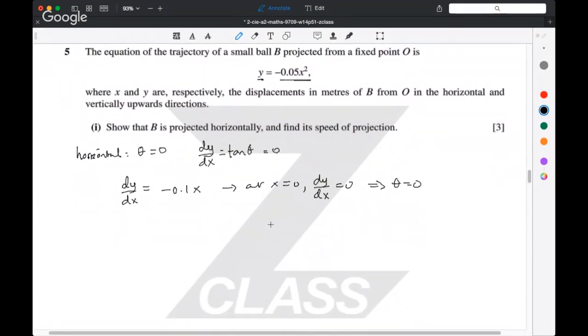If you remember, dy/dx can be written as dy/dt over dx/dt. And we remember that we have some initial velocity for x, and that doesn't change, because the only force acting is in the direction of gravity.